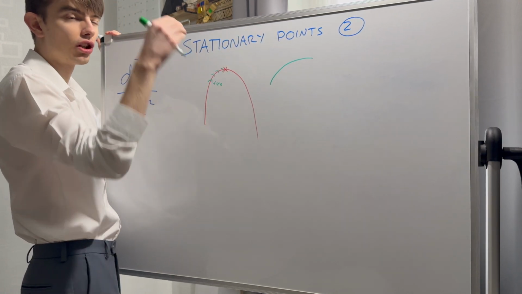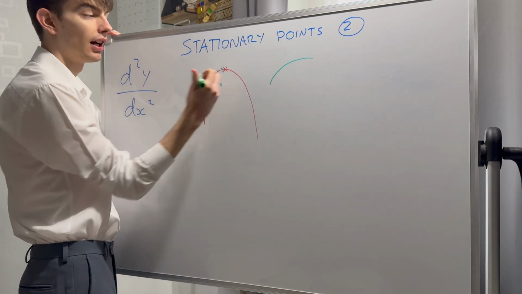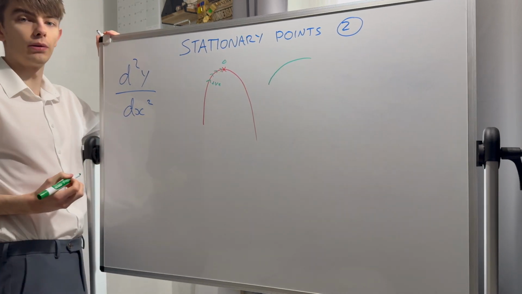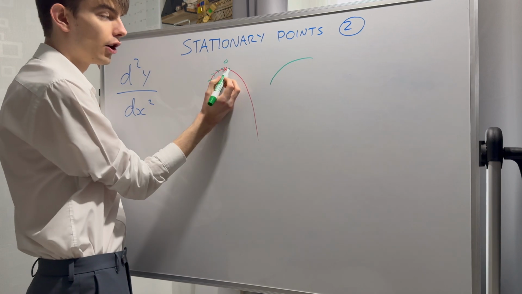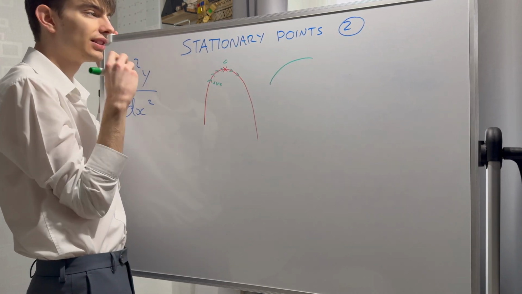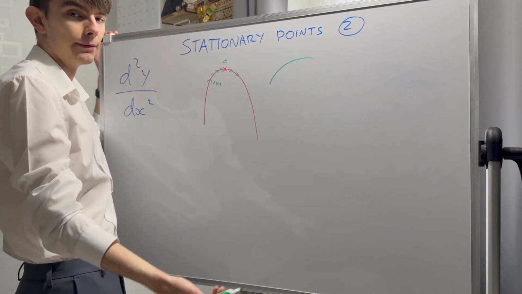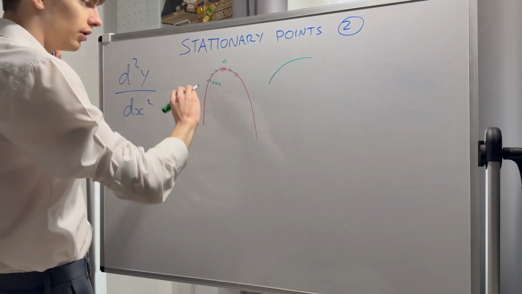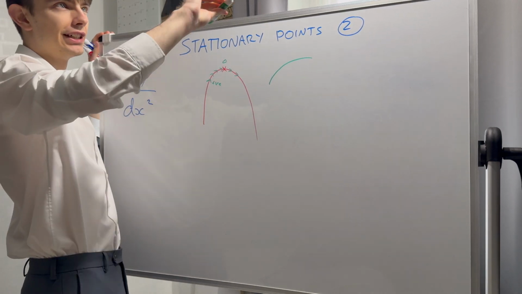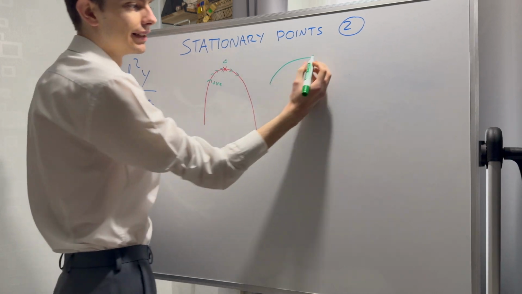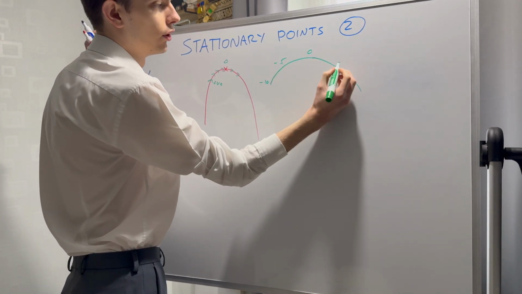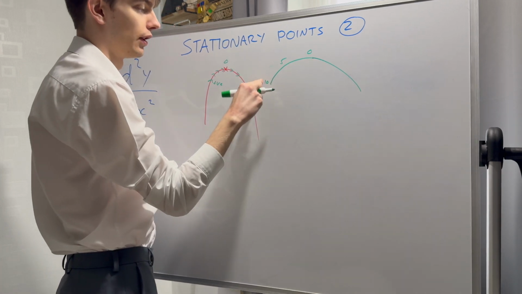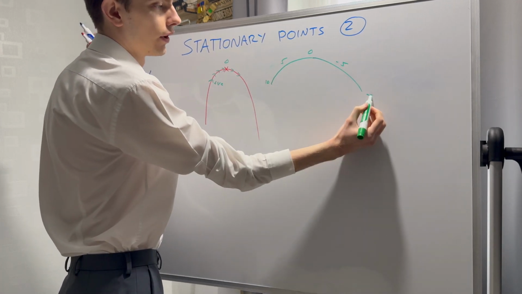The gradient starts to decrease until it hits 0. A stationary point has 0 gradient, remember? So it's going to hit 0. And then after that, it starts increasing negatively, right? So we decrease positively, hit 0, and then it starts increasing negatively over here. So again, it might start at 10, 5, 0, and then -5, -10.